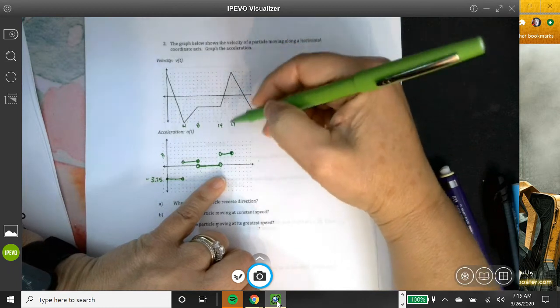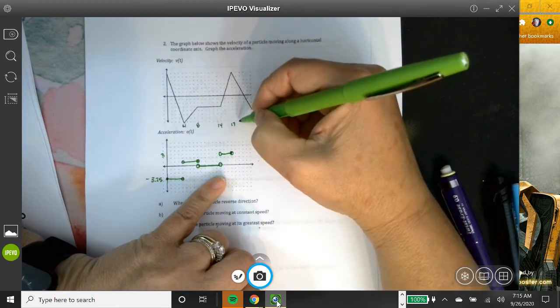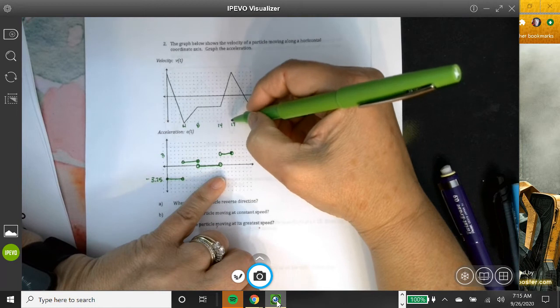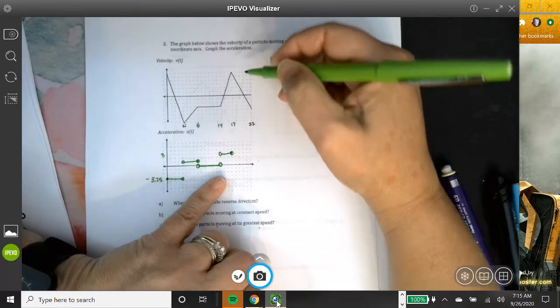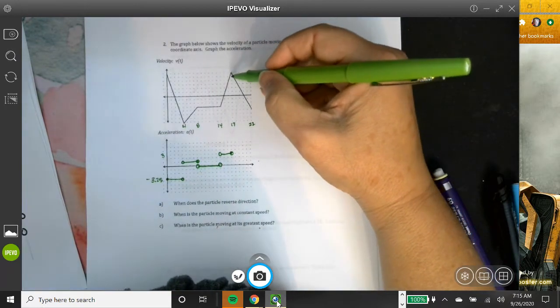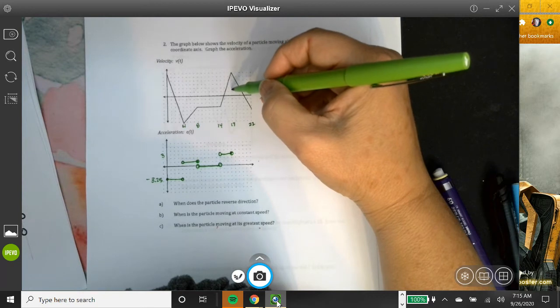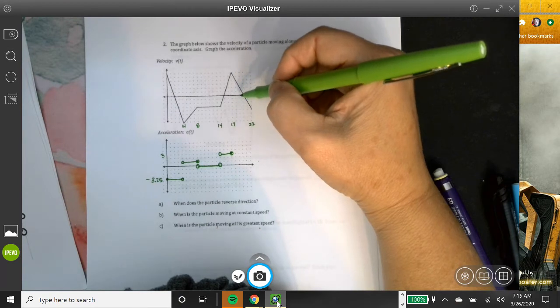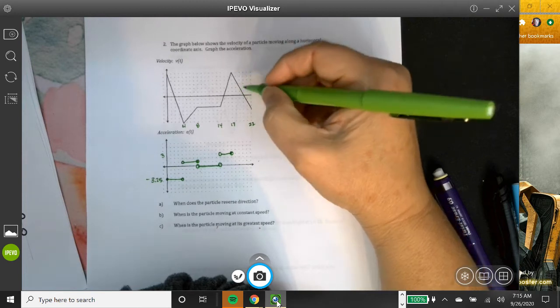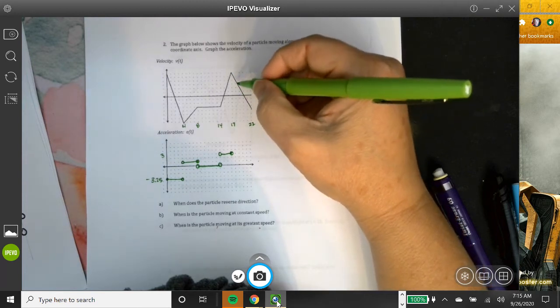And then after that, from 17, 18, 19, 20, 21, 22. This is 22 still. My slope is going to be 1, 2, 3, 4, 5, 6 over 1, 2, 3. So that's a slope of negative 2, it looks like.